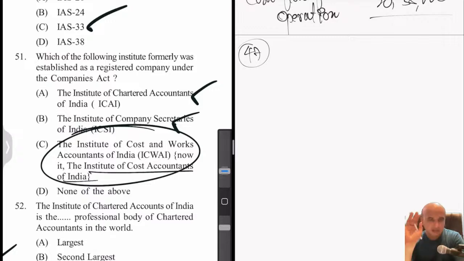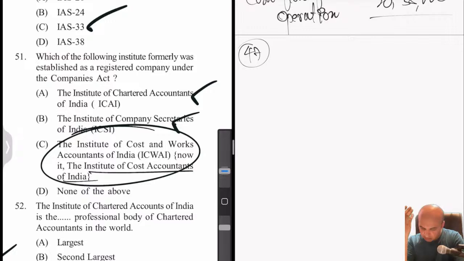Anyway, the point here is very simple. The Institute of Cost and Works Accountants of India was established as a registered company. Later on, of course, it was converted into a statutory body under the Cost and Works Accountants Act 1951.